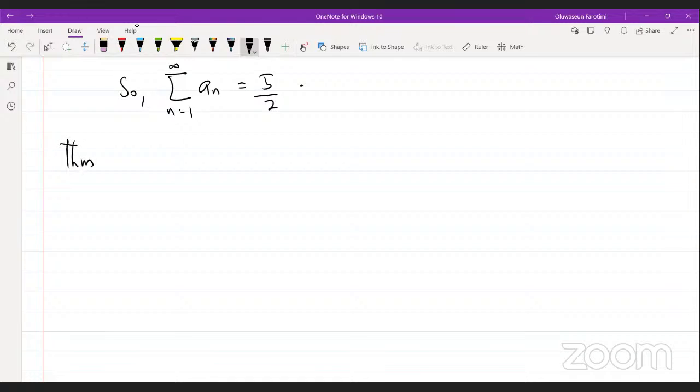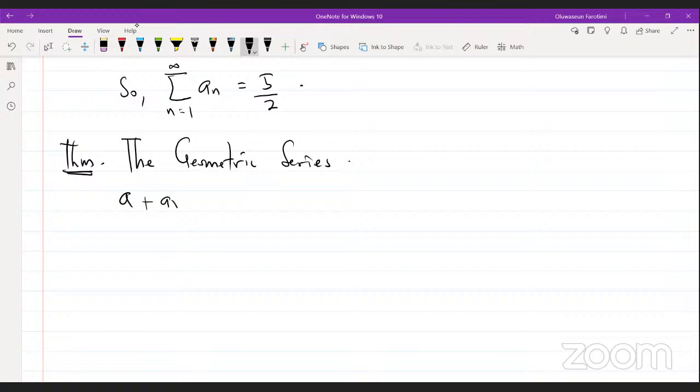Theorem: the geometric series. I'll give you an example. You have the first term a plus ar plus ar squared plus ar cubed.